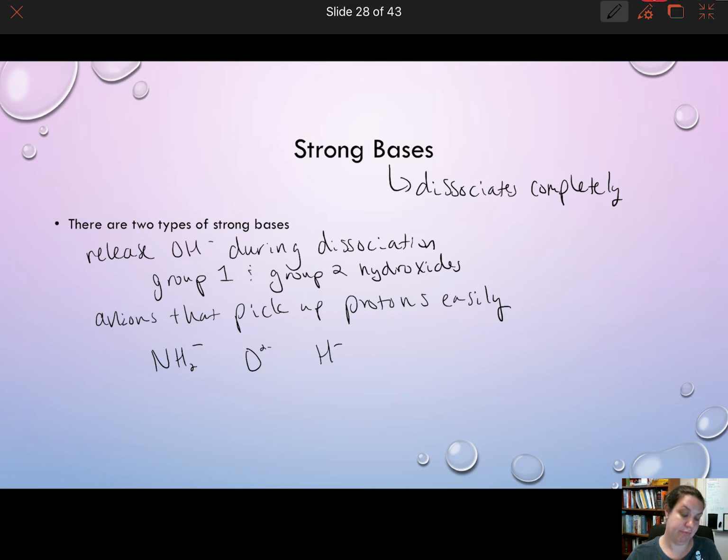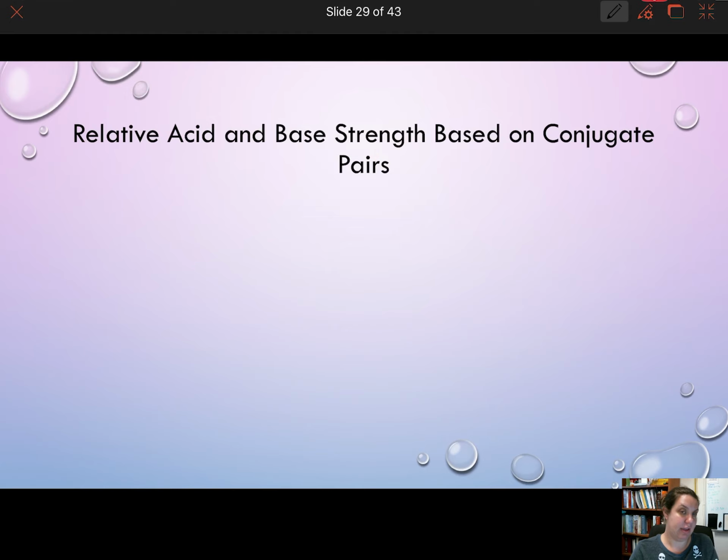Okay, so we can relate our acid strength based on the conjugate that it forms, and vice versa. So if we have a strong acid, it's so strong that it dissociates. So its conjugate will not pick up a proton to go the other way.